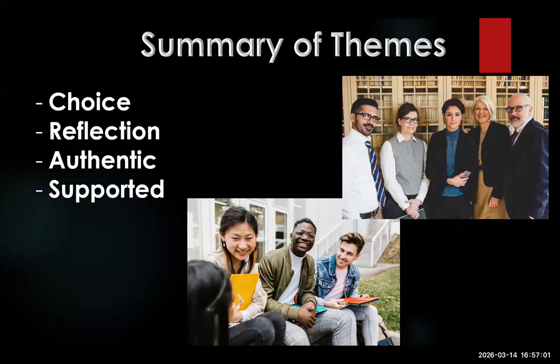Authentic learning relates to the real world and helps students develop relevant skills. Support is a hallmark of UDL in giving students what they need to learn and demonstrate that learning, in being a guide on the side in teaching adult learners, and in making sure everyone feels included.